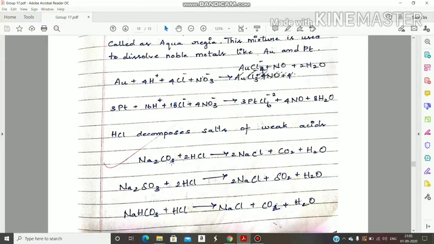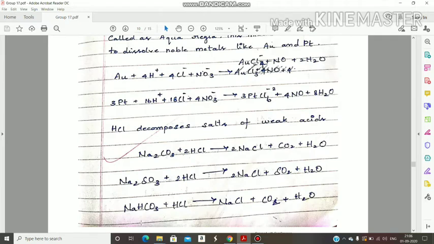When this salt reacts with HCl, it undergoes decomposition and forms NaCl, CO2 and H2O. Similarly, Na2SO3 is also a salt of a weak acid, which contains NaOH and H2SO3. When it reacts with HCl, it forms NaCl, SO2 and H2O.